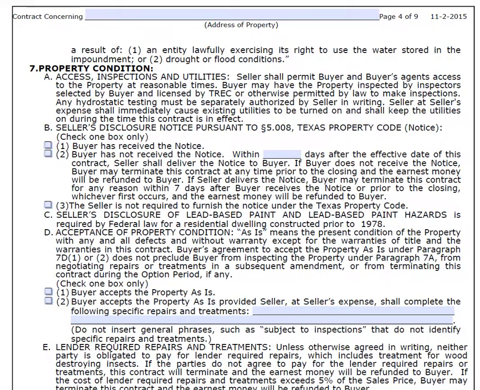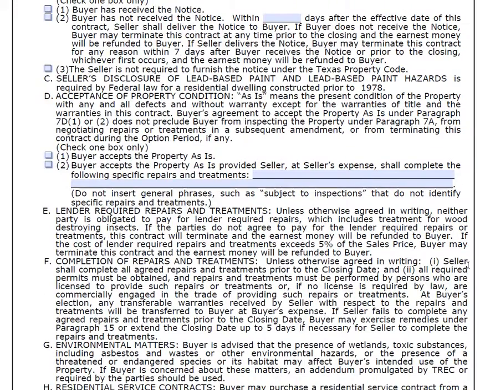Paragraph 7E is about lender required repairs. It basically says that if there are repairs that would be required by the lender, neither party is obligated to pay for them. However, if neither party pays for them, the buyer has the right to terminate and take their earnest money with them. This includes wood destroying insects.